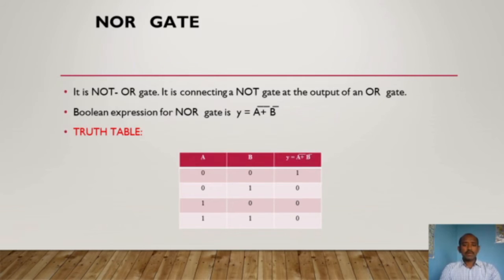The NOR gate is also the same type of gate. It is a NOT gate connected with an OR gate. The Boolean expression for this NOR gate is Y is equal to A plus B bar.